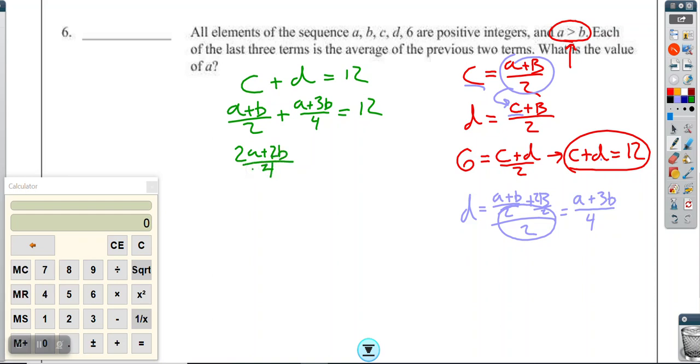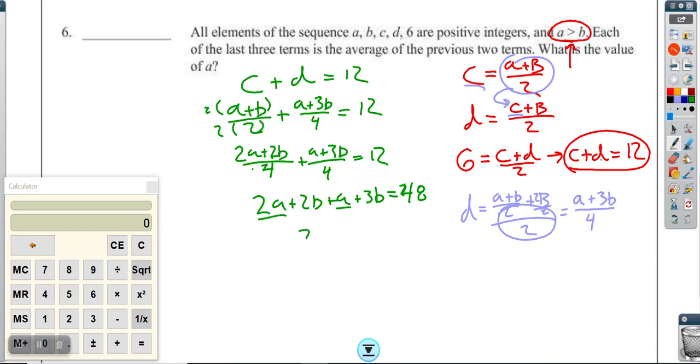Just multiply the numerator and the denominator by 2. Plus (A plus 3B) over 4 is equal to 12. So I'm going to multiply everything by 4. So I get 2A plus 2B plus A plus 3B is equal to 48, because I just multiplied everything by 4 to get rid of the denominator.